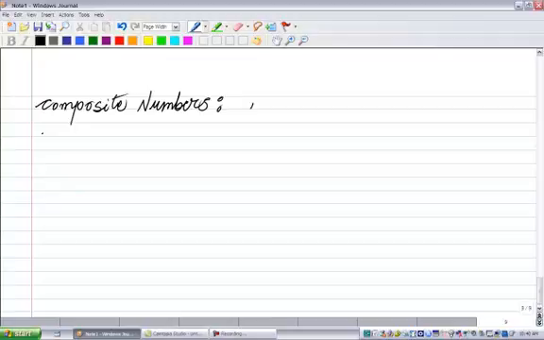These are not prime numbers. So composite means the number is composed of prime numbers. For example, 4 is 2 times 2. It's not a prime number. 8, 6, anything that's not a prime is a composite number.